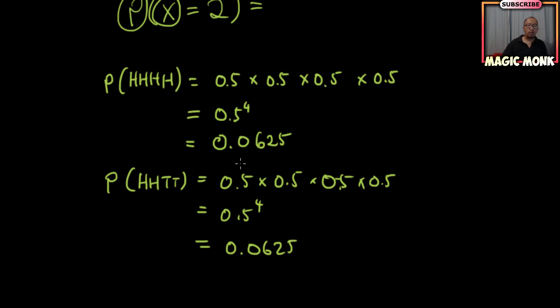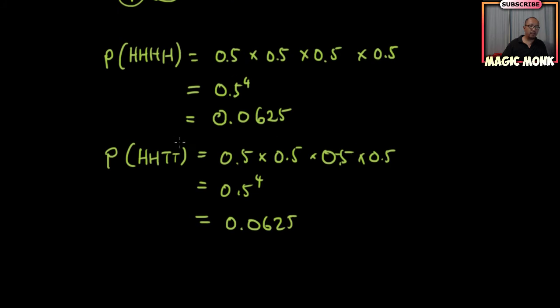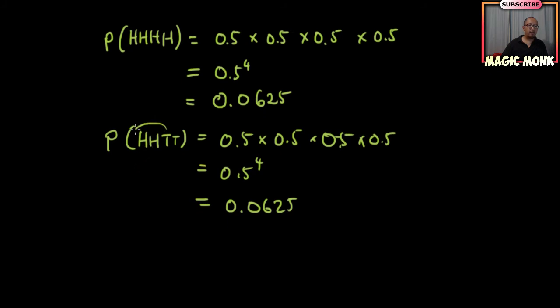So what I'm saying is, unfortunately, this is not that easy because the two heads might not occur at the beginning. Okay, there are many possible combinations where the two heads might occur.